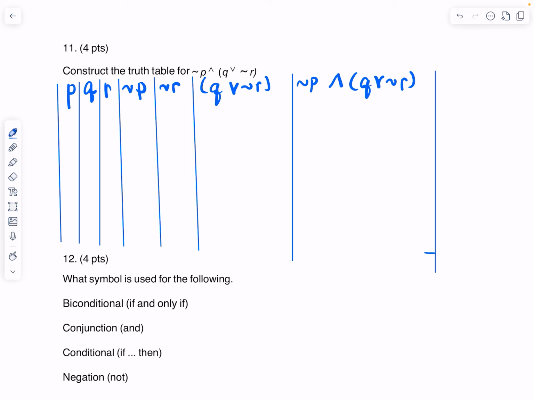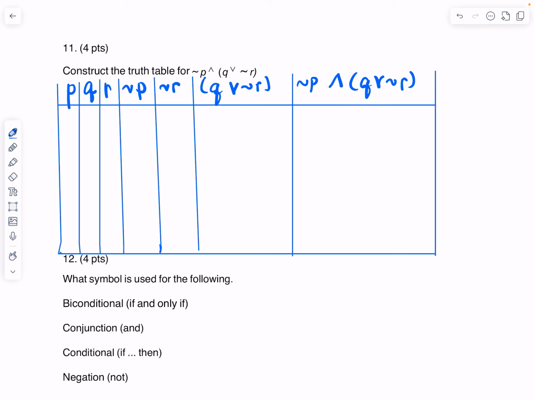All right. So now I'm going to draw this out. Okay, so hopefully you're getting caught up to me. It takes a little bit of time to get these done. I'm going to erase the stray lines here. Okay, and then we got 8 rows. So let's start that off.